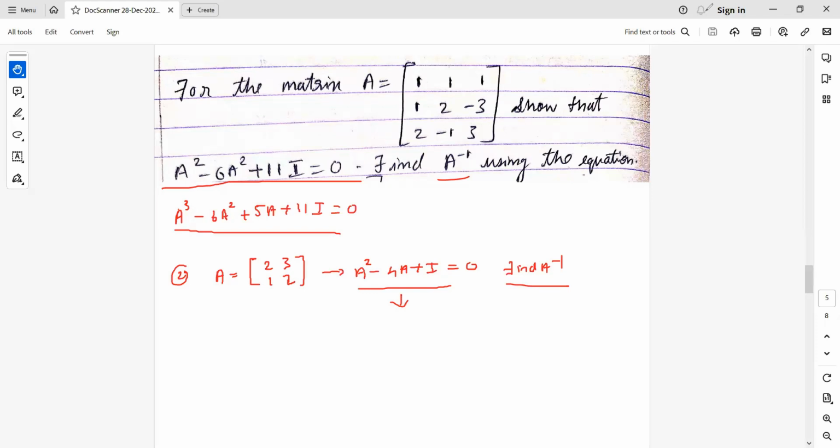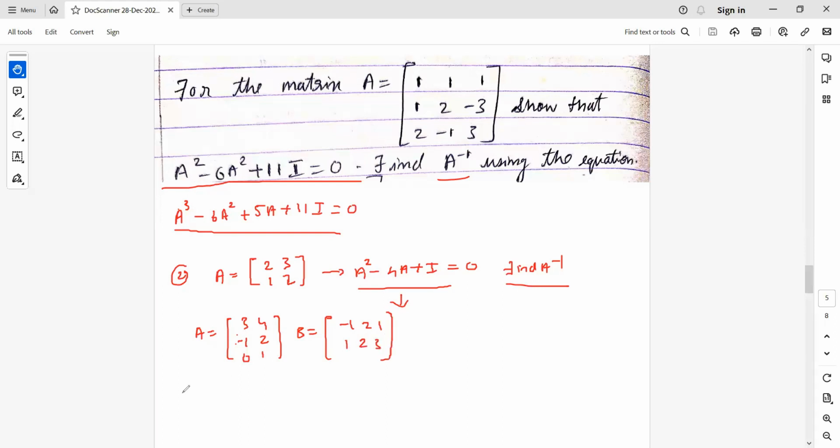A dash is 3, 4, minus 1, 2, 0, 1. So this is the given matrix A dash, and matrix B is minus 1, 2, 1, and 1, 2, 3.